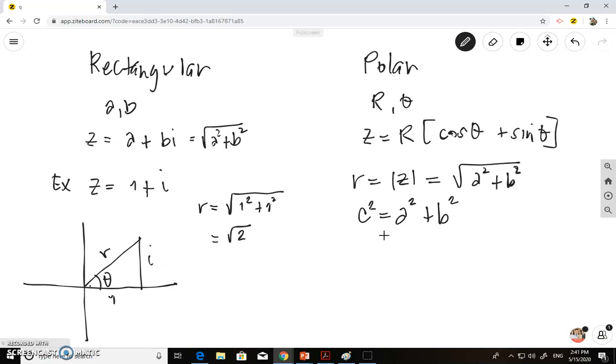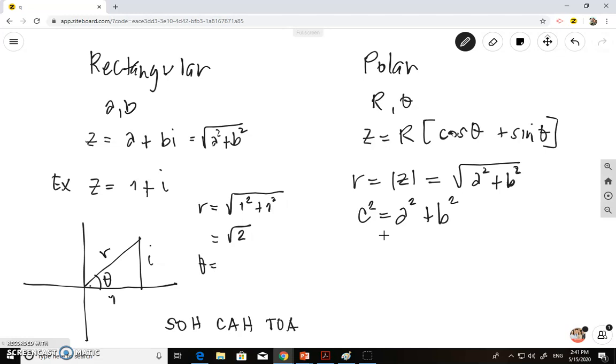How will we find the theta? Remember the trigonometric functions, SOH CAH TOA: sine is opposite over hypotenuse, cosine is adjacent over hypotenuse, and tangent is opposite over adjacent. So we can solve now.